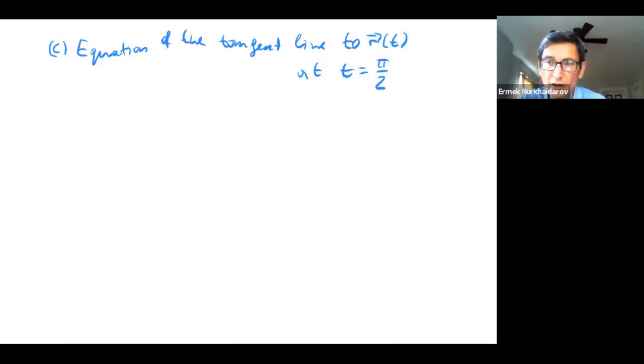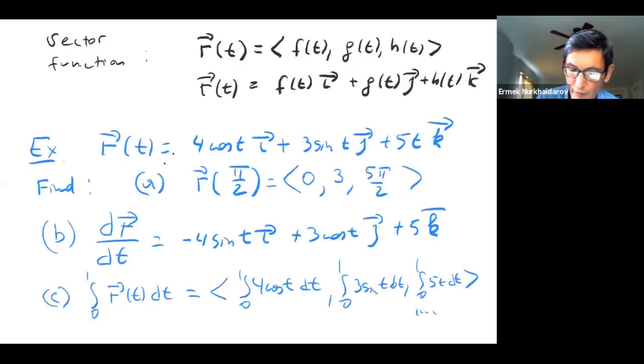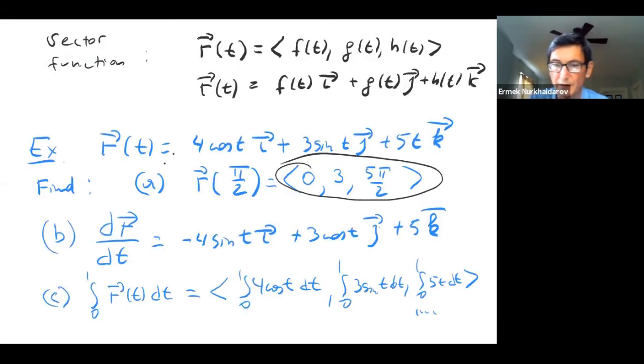Let's see. To get the equation of a line, we need two pieces of information. We need a direction vector, and we also need a point. The point we already know. We already calculated the point in our first part: 0, 3, and 5 pi over 2. Right?